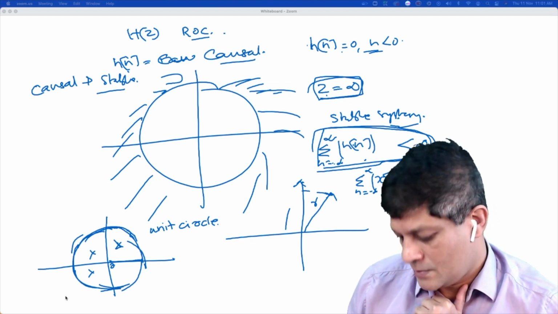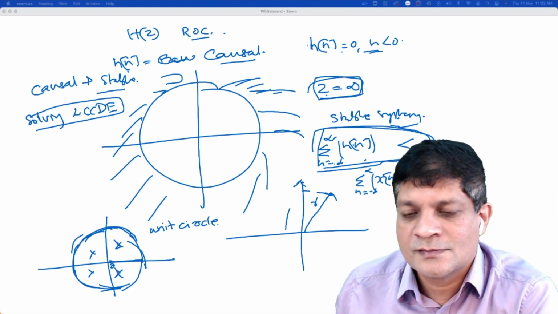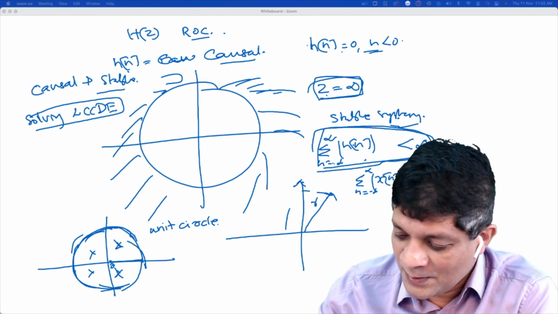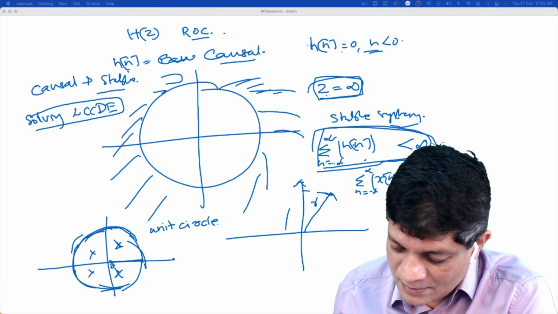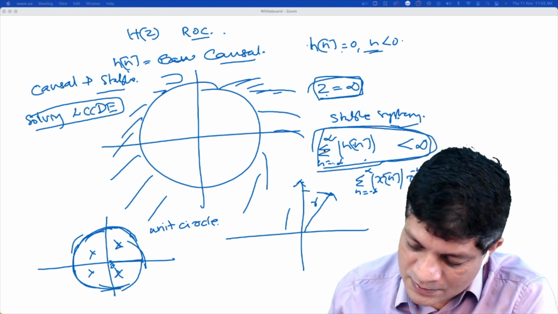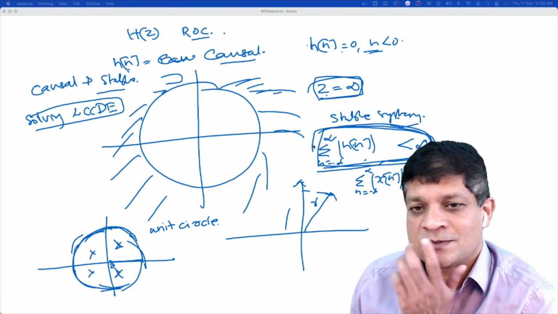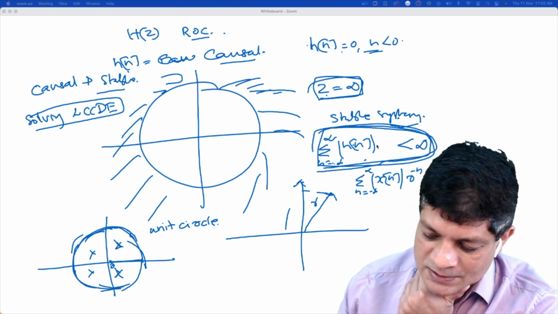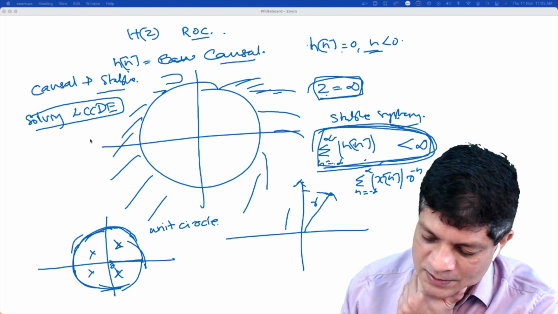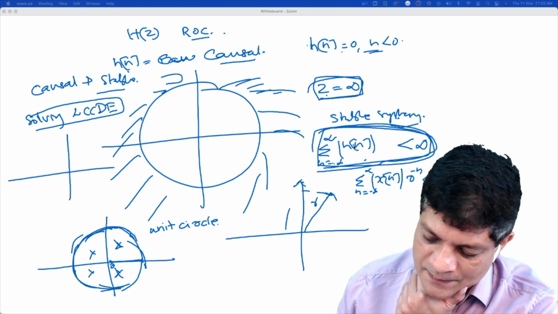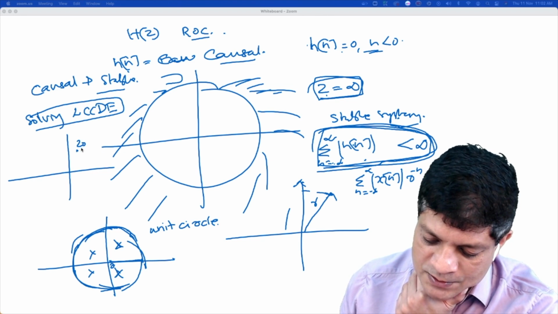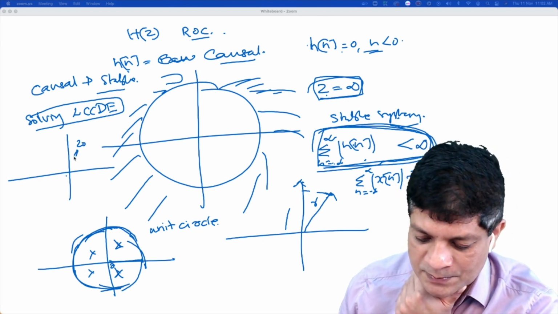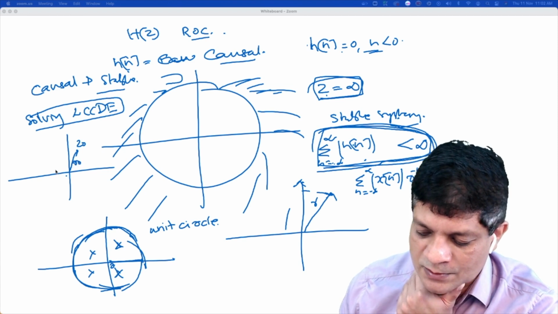Could you explain the unit circle part again? Where did the unit circle come from? This is the condition for stability, isn't it? What is the condition for existence of the z transform of the system function at some point z naught, with magnitude r naught?